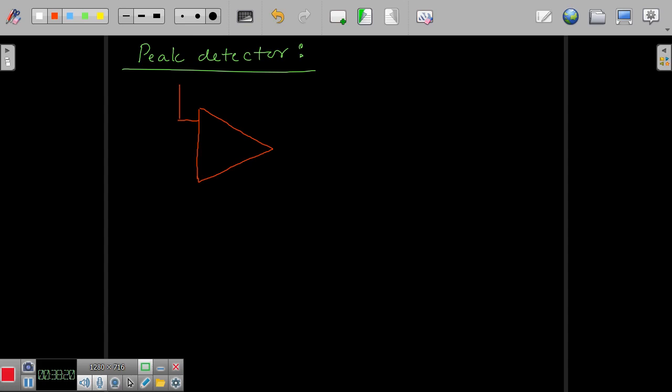Peak detector will be a part of your sample and hold circuit, may not be directly, indirectly. I have a diode here, very simple. Now I will bring in one capacitor here, that's all, and this is the circuitry which I am drawing with a dotted line.